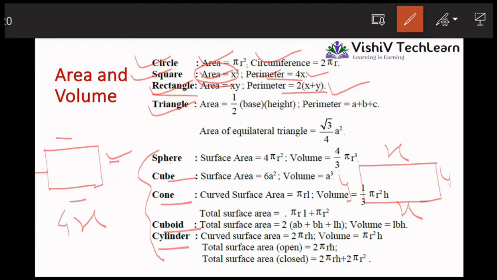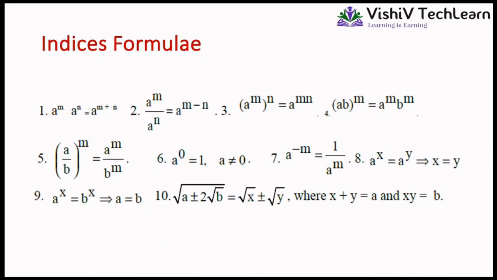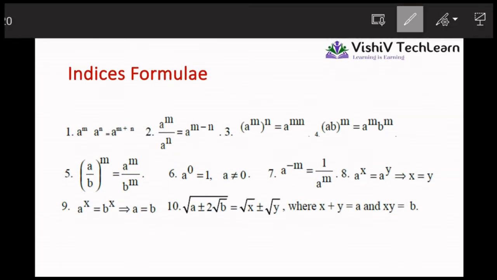Okay. Going further, indices formulae. These indices formulae are also very important. Many of the students find them confusing, and that's why I tried to include them here. In case of indices, if we consider a raised to m and a raised to n, and a multiplication sign is there, then we add the indices.